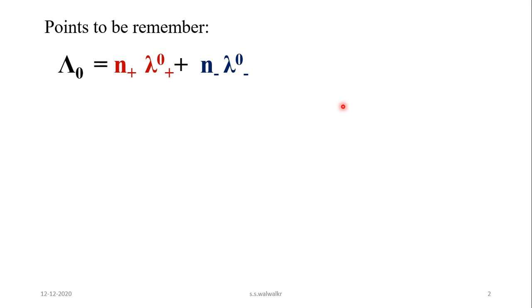While solving the numerical problems, the most important point is that you have to remember the mathematical expression of Kohlrausch law. So lambda 0, the molar conductivity at infinite dilution, is equal to n plus lambda 0 plus, plus n minus lambda 0 minus.